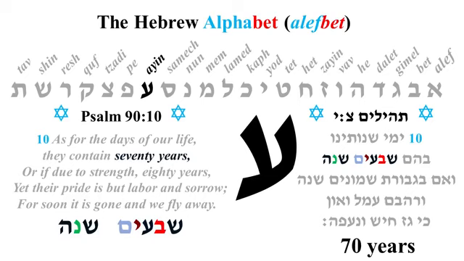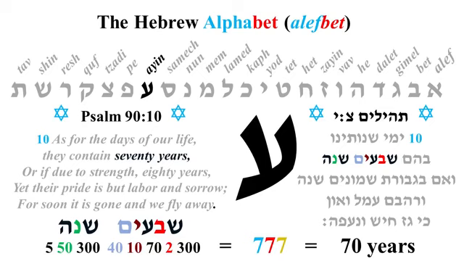It's Shivim Shana. You see it there? Shivim has an ayin in it, the word 70, and then Shana is years. If you put the gematria in for Shivim Shana, Shin is 300, Bet is 2, ayin 70, Yod is 10, Mem is 40, and then you have Shin is 300, Nun is 50, Hey is 5, adds up to 777. Very nice.